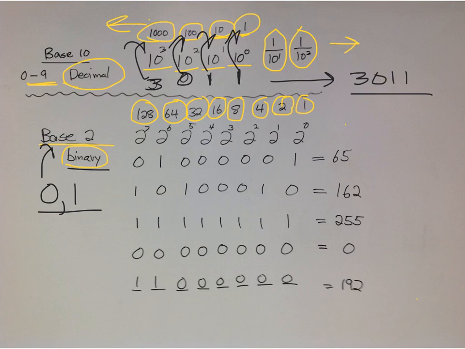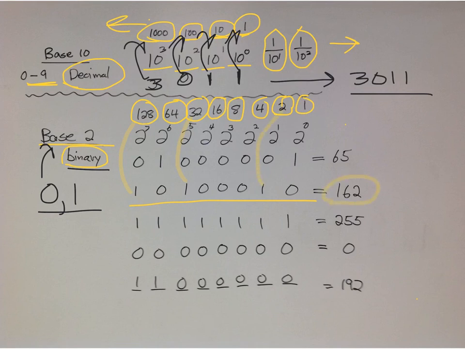So, a little more work. So we practice some of these. If we had these bits, let me do this. We have one group of 128, one group of 32, and one group of 2.